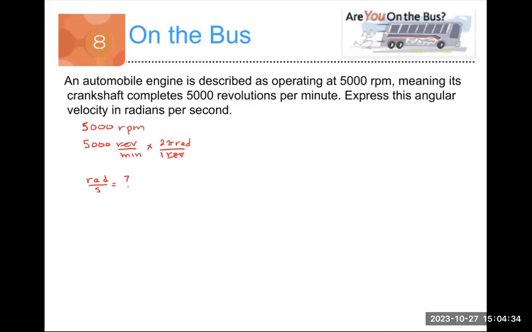So our revolutions cancel, and we're going to be left with radians per minute. But notice here you're asked for radians per second. So we must also convert our time, and we know in 1 minute, we have 60 seconds. So when we punch this into our calculators, we should get a total of 523.4 radians per second. So you don't want to forget about that time value also.